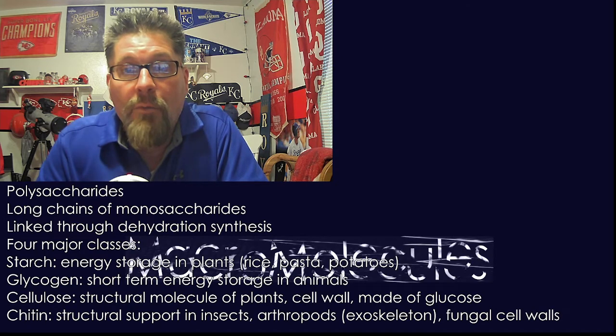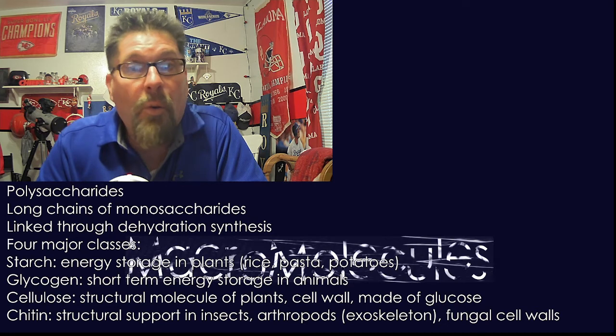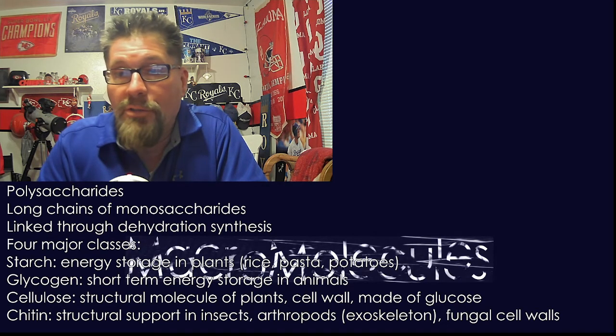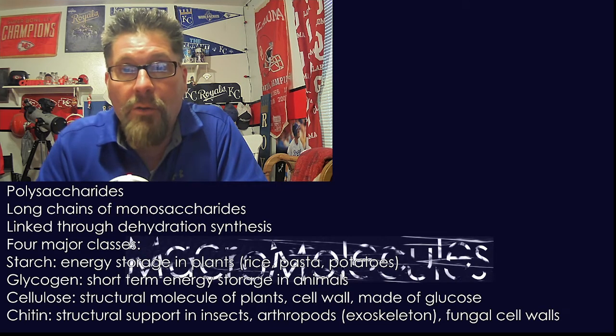We don't have all the enzymes needed to digest cellulose, so we struggle with that. And that's why there are some foods like corn that don't get properly digested as they go through the system. But cellulose is made of glucose.